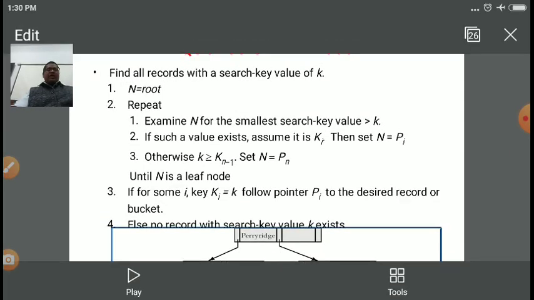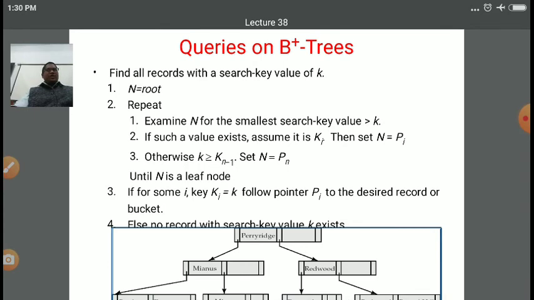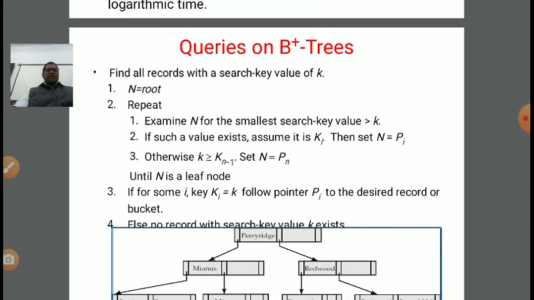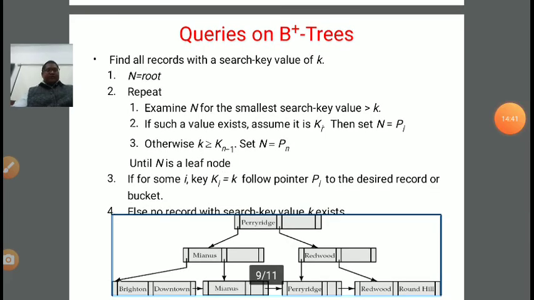Now we can look at some queries on a B plus tree. Suppose we want to find all records with a search key value of k. We are given the search key value k, and we need to find all the records corresponding to search key k. Here N is the root, and we repeat the given steps. Examine N for the smallest search key value which is greater than k. If such a value exists, assume it is K of i, then set N equal to P of i.